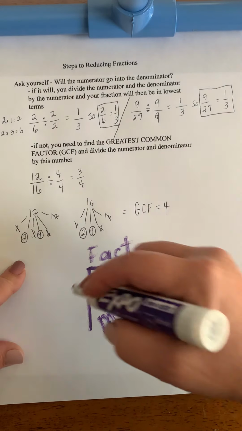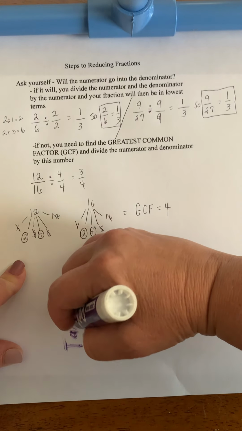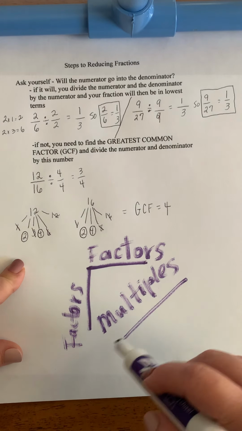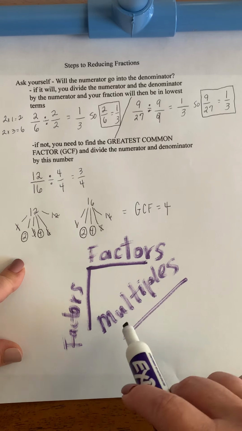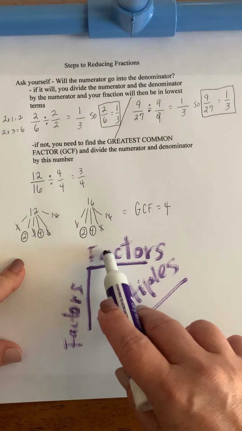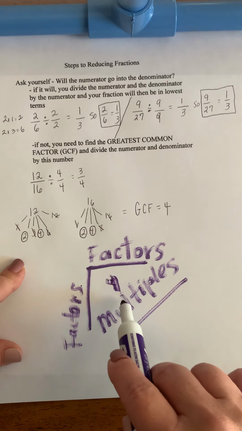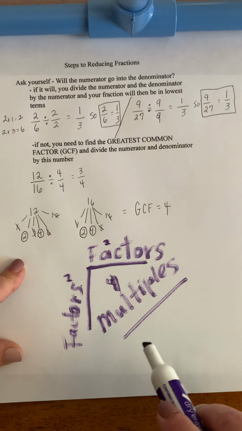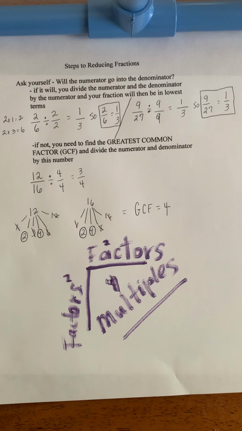I hope so, because these are also factors on this side. This is your multiplication chart. In the middle are the answers you get. Say 2 times 2 is 4. 4 would be your multiple, and 2 would be your factors, all right? So I hope you remember that.